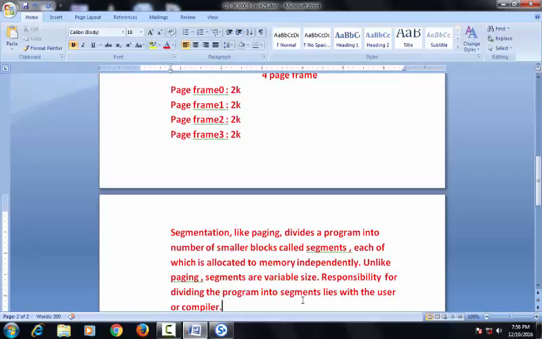So it is the responsibility of the user or a compiler to divide the program into different sections or segments. The operating system will not be involved in order to achieve segmentation. Operating system will not take part here. So let's write it. Operating system is uninvolved.